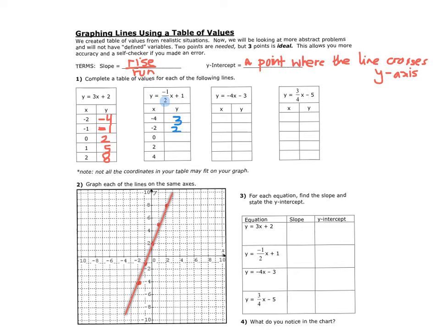If you see the pattern, all the values are going to go down by 1 every 2 values of x. So the next ones would be 1, 0, and negative 1. So these are your values for the second graph. Here we have negative 4 and 3, negative 2 and 2, 0, 1, 2, 0, and 4, negative 1.